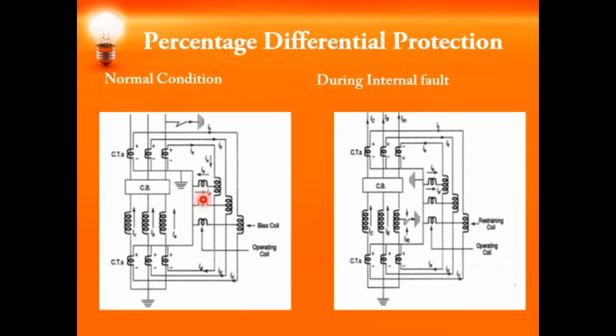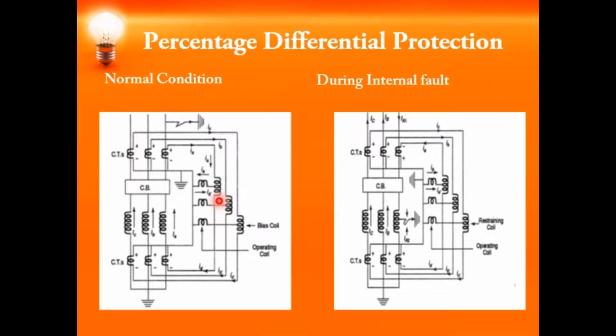That is why this bias coil or the restraining coil is provided, in order to avoid the malfunctioning of the relay and to improve the stability as well.